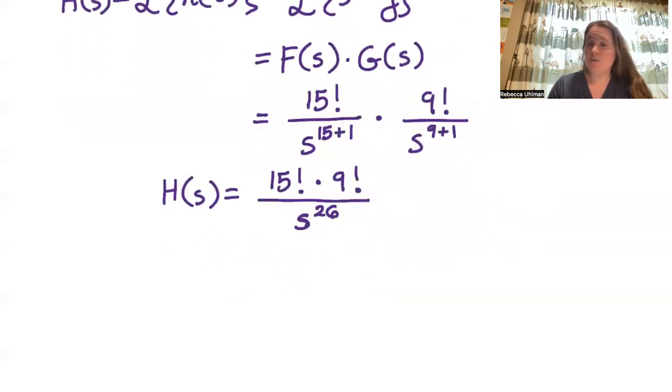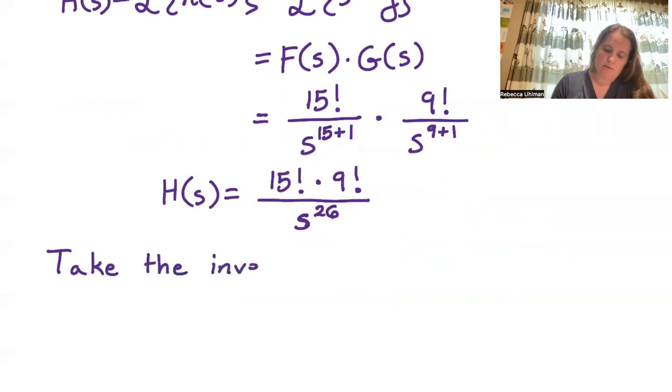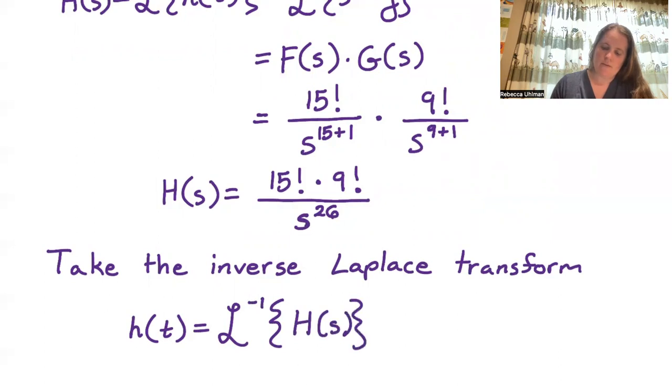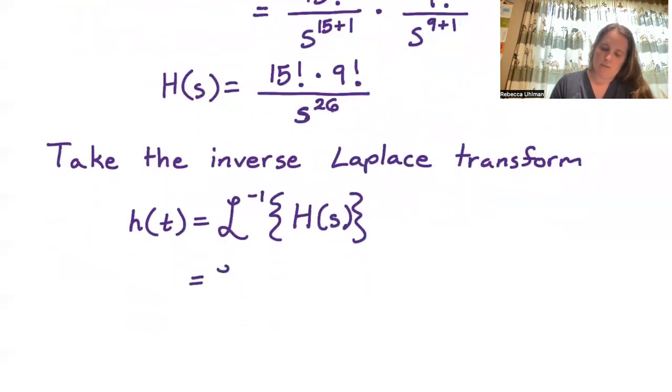Now we can go ahead and take the inverse Laplace transform to find h of t. And we get h of t is equal to the inverse Laplace transform of H of s, which is equal to the inverse Laplace transform of 15 factorial times 9 factorial.